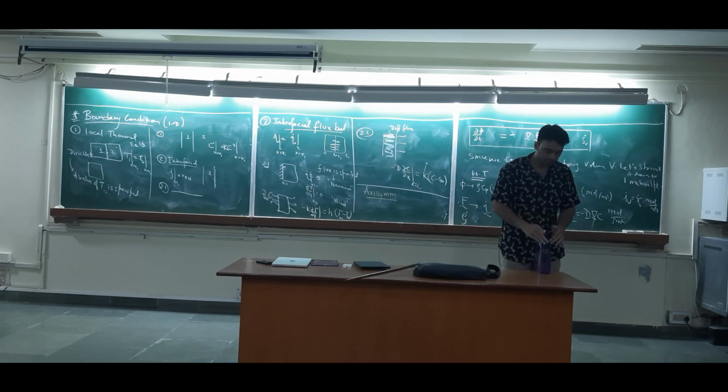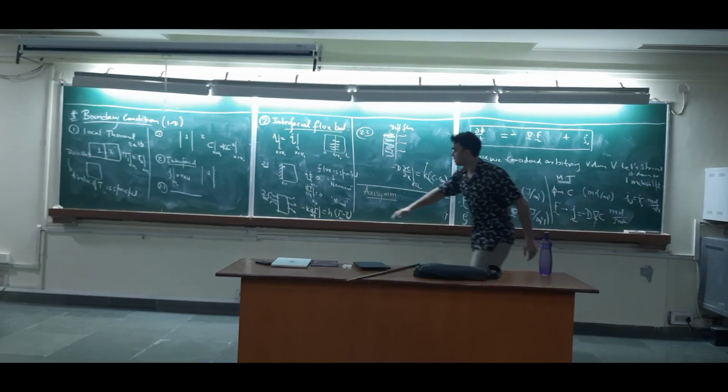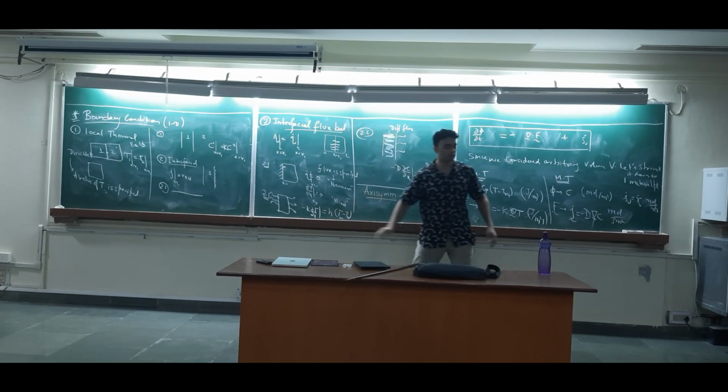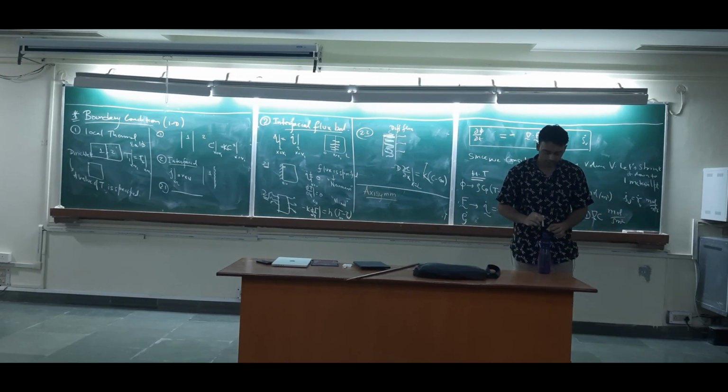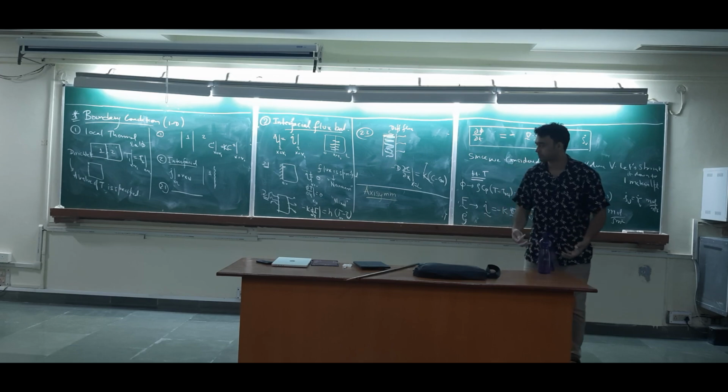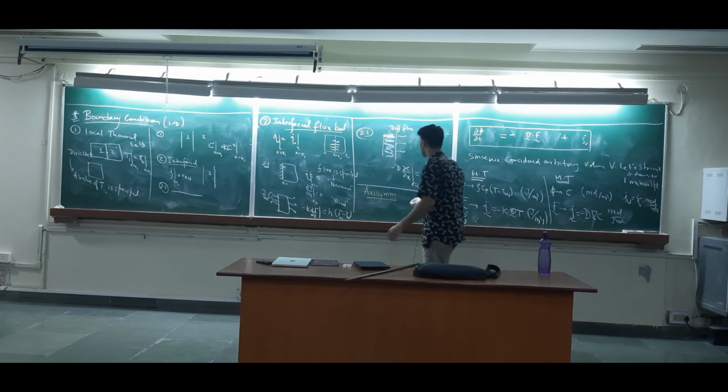What is the condition that I will use at the periphery, if it's open to ambient? I will use this, right? Conductive flux is equal to convective flux. At x equal to 0, what will I use? There is uniform heat generation, so what will I use? Dou T by dou R should be 0, right? This is the axisymmetric condition.